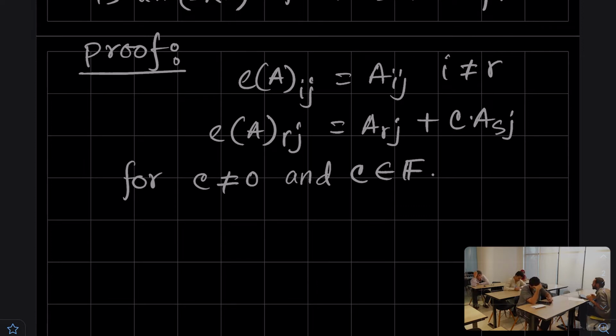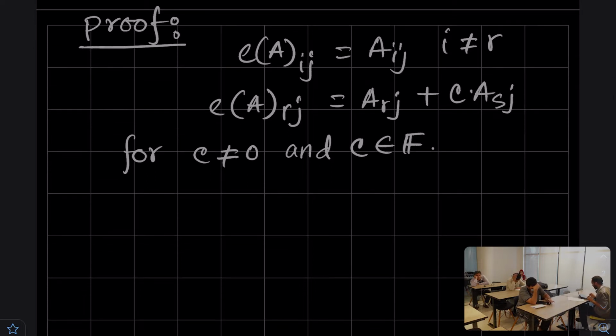So for this elementary row operation, since c belongs to F, there is another element minus c belongs to F such that c plus minus c is equals to 0. I suggest that you don't use the word number. So c is an element of the field F. And also here c is not equal to 0.